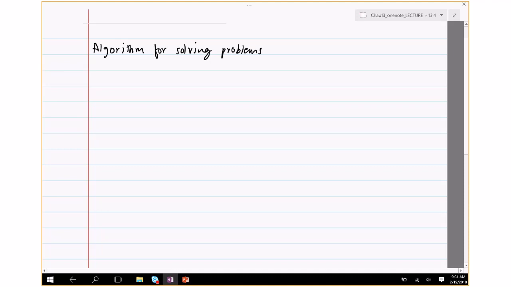Okay, and I wrote this down earlier. First step is draw a free body diagram. The second step is apply Newton's law. Well, really second law.